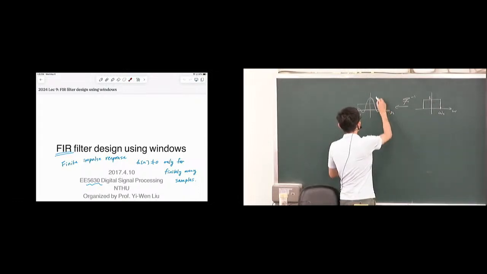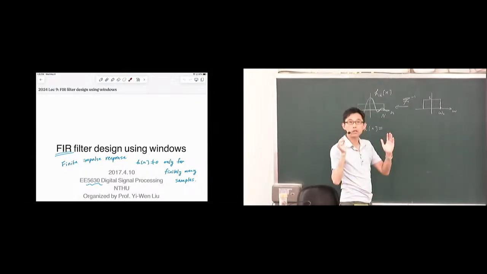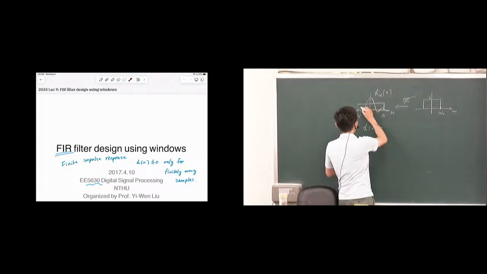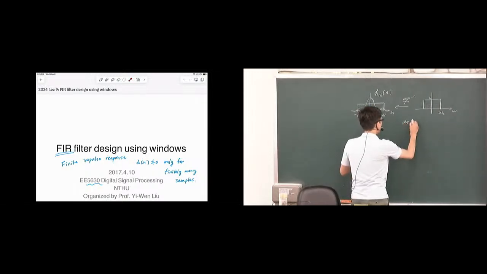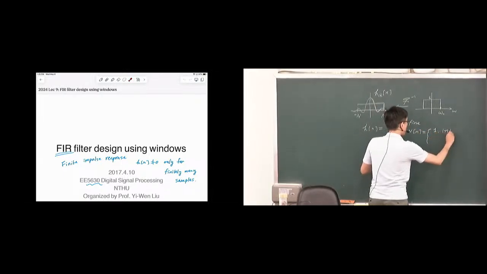Let's say the ideal response is H ideal, then our design would be simply to keep the middle part. By keeping the middle part, you can think of a rectangular window. We define W[n] to be 1 between plus and minus N, and 0 elsewhere, outside.